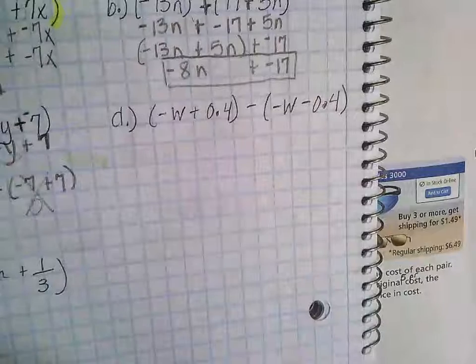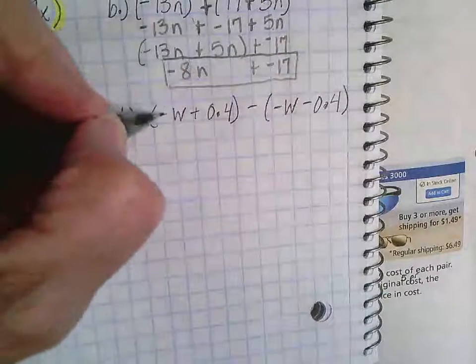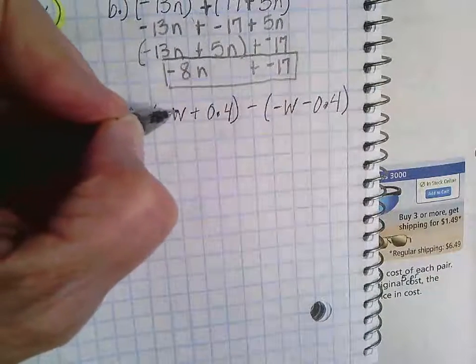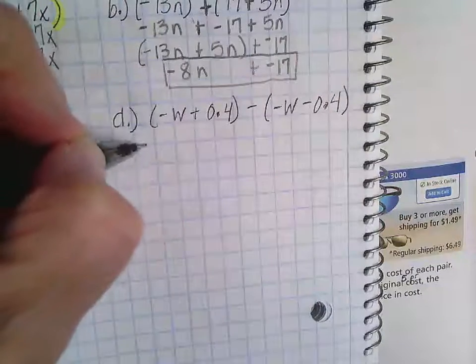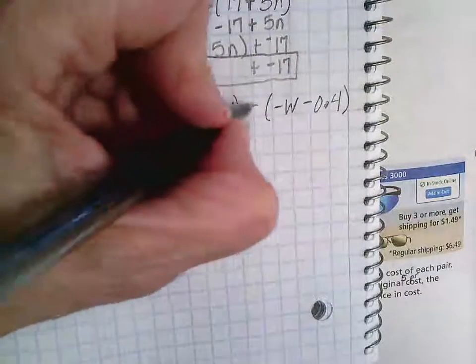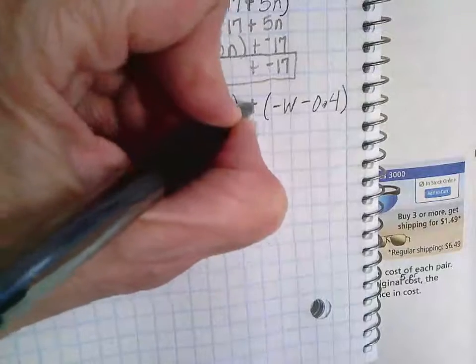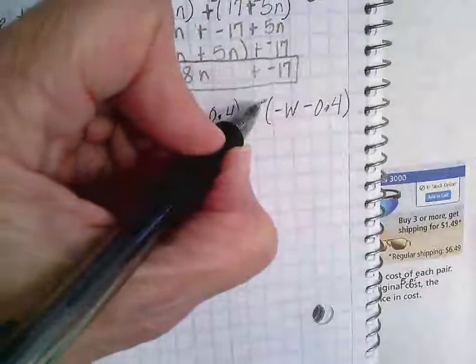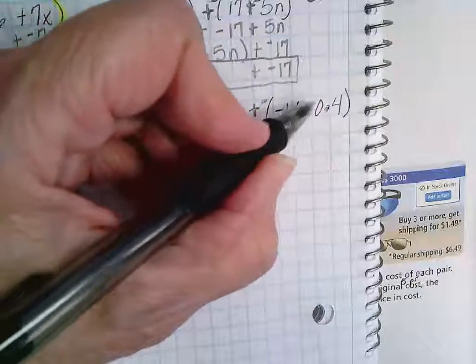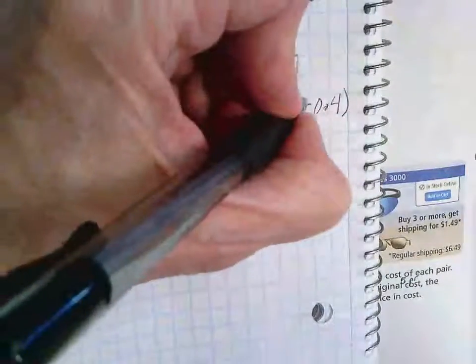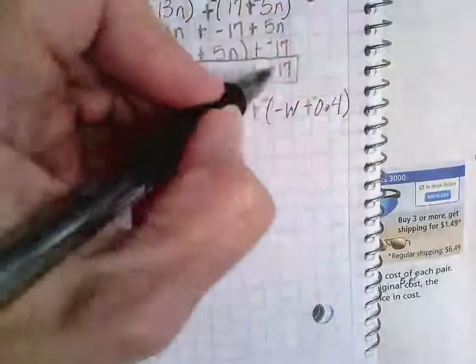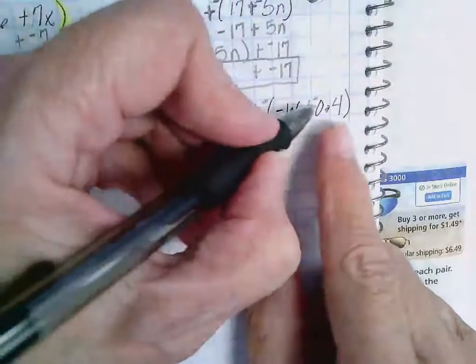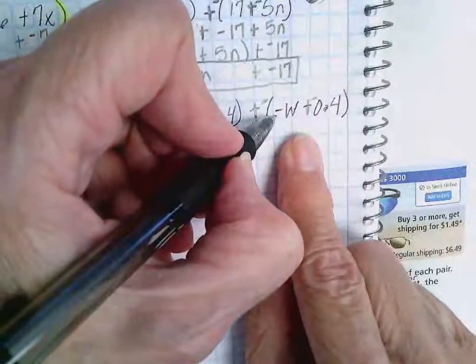Next one. This is not a subtraction sign, this is a negative w, so I'm just going to leave that alone. Here I'm going to change this to an addition, and I'm going to make this a negative, which is going to change all of these. Well, first I'll change that, which is then going to change all of these to their opposites.